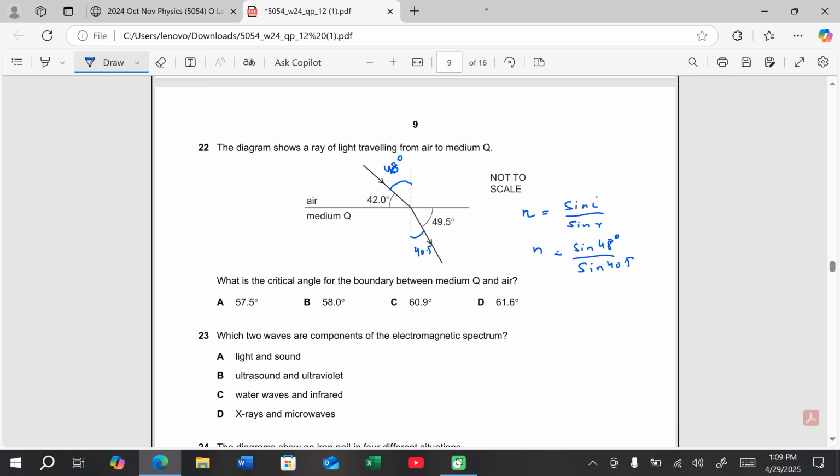Then I'm going to use n equals 1 over sine c. We have calculated this, so I'm going to take this and solve the arithmetic, and take sine inverse, so c equals sine inverse of this. You can apply this using your calculator. So your answer is C for this.